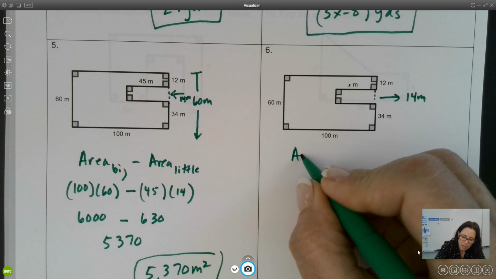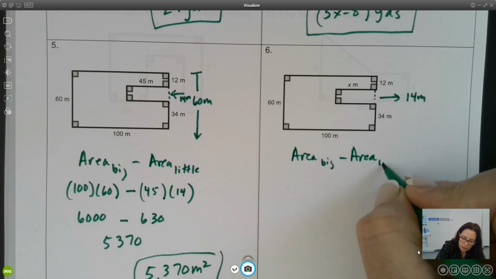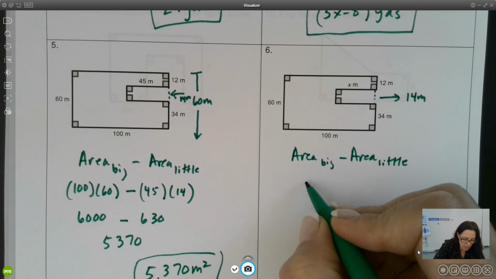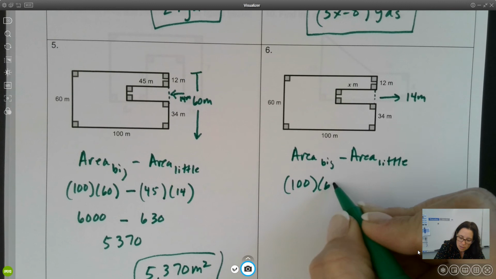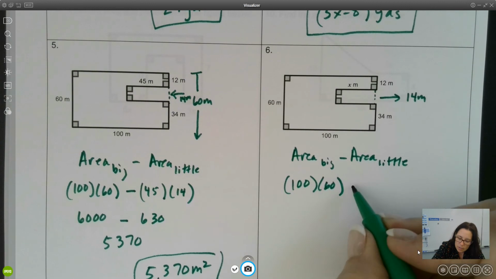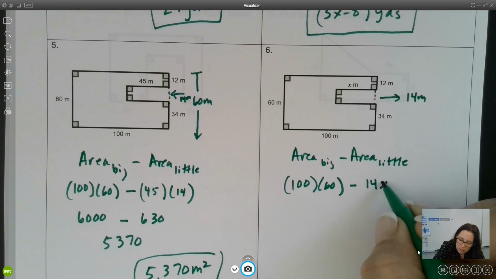All right, so I'm going to do the same thing: area of the big thing minus area of the little thing. Base times height of the big thing, we've got 100 by 60, and area of this little one is going to be 14 by x, or x by 14.